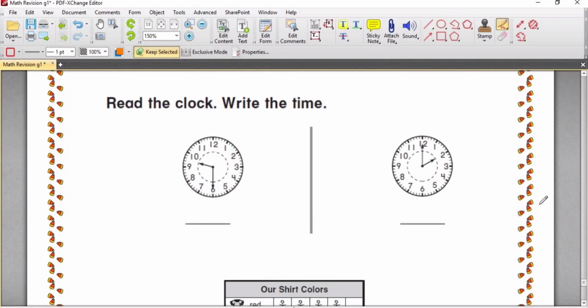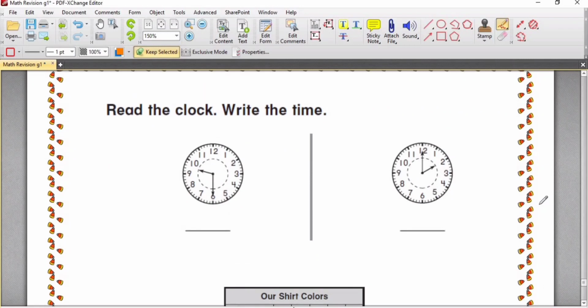Okay, now Habibi, he wants from you to read the clock and write the time. So tell me, what's the time here? Okay, when we have the small hand on a number and the long hand on 6, that means half. So here the small hand is on 9, so that's 9 and a half.